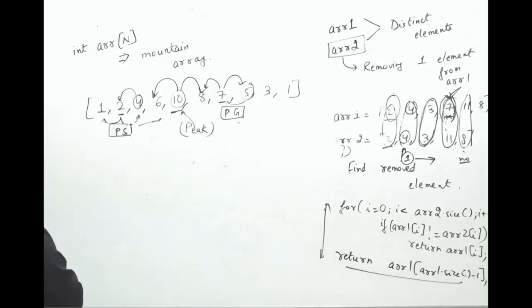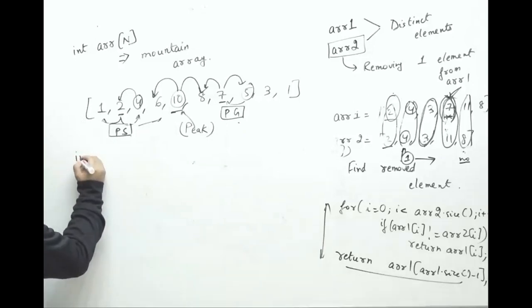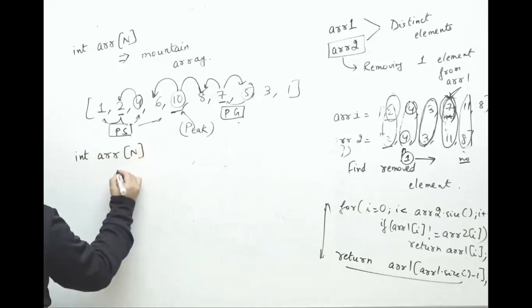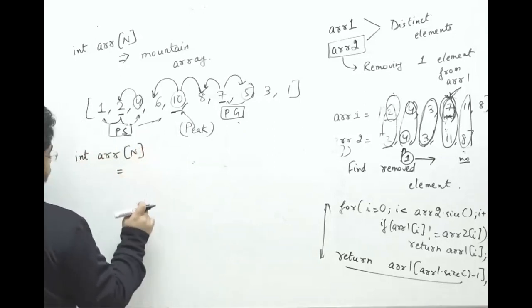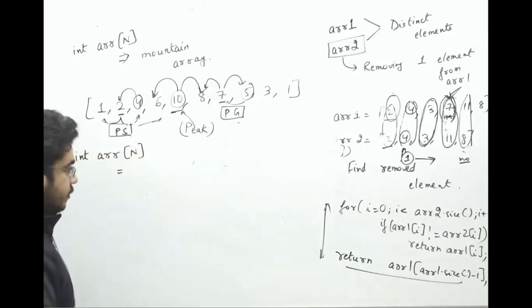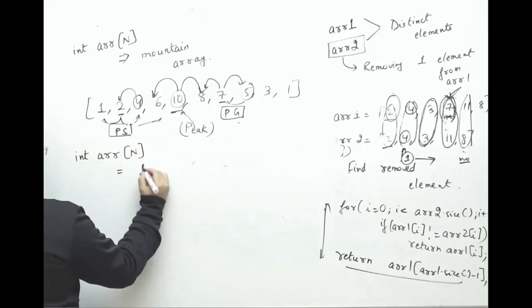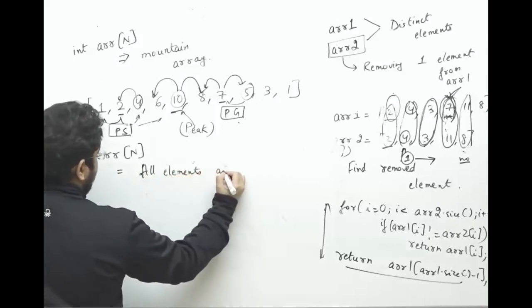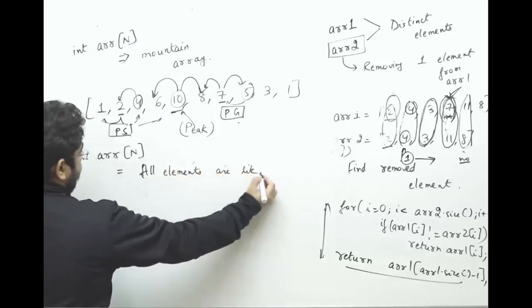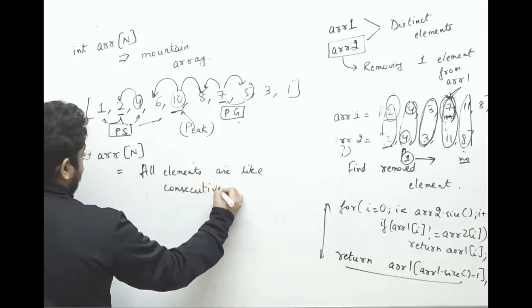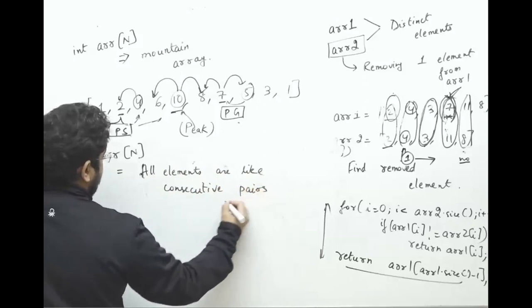Cool. One more question goes like this. Let's say we are given an array of size n, which has all the elements in consecutive pairs, except one.